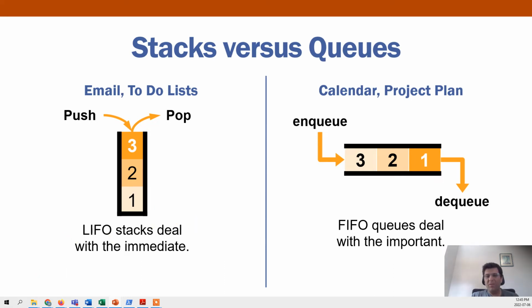But we have other things that we put in our calendar, and we put them in order to do. For example, you plan to do something and there are 10 steps to do that. So you put each of those steps in your calendar, and you just do them. You do the first one that you put in the calendar. It's exactly the opposite of stack.